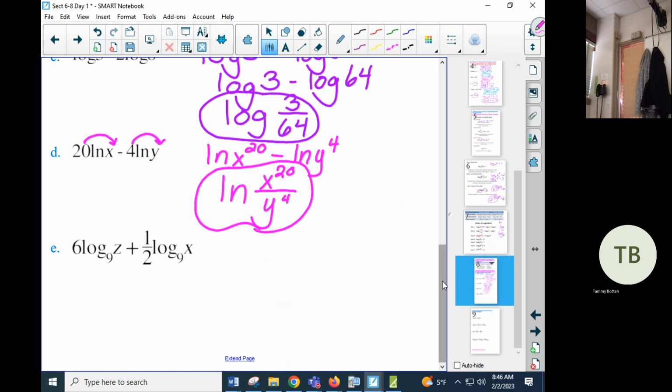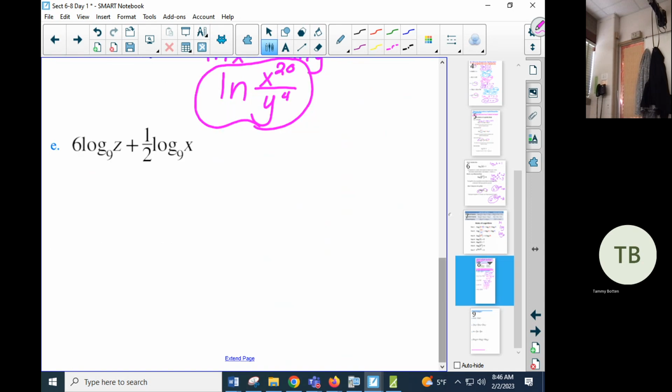Now, when you have a half, first of all, in this one, I'd have to bring the 6 up. And this half is a power. So I'd write it as log base 9 of c to the 6th plus log base 9 of x to the 1/2 power. Unfortunately, we can't leave that as the 1/2 power.